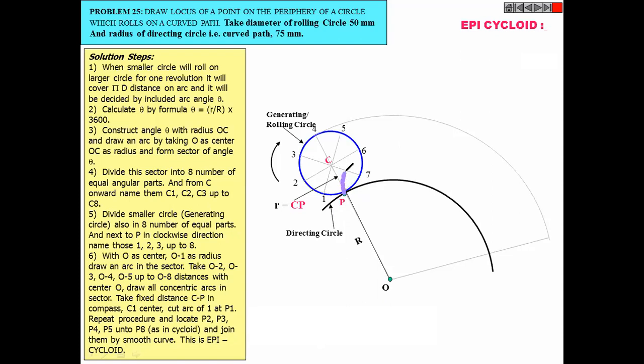Say for example, it is traveling like this. It will keep working like this, like this. So here we have achieved the same position as it was here. In that manner, we can say that this circle has completed one convolution.